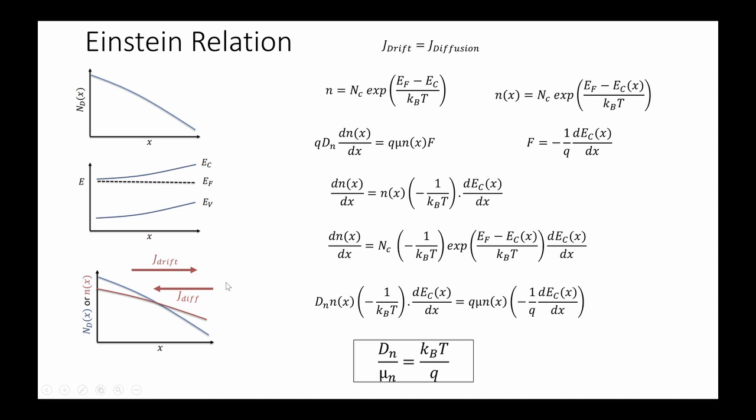The Einstein relation is derived when a semiconductor is in equilibrium. Equilibrium means we are not shining any light and not giving any external force like an electric field.